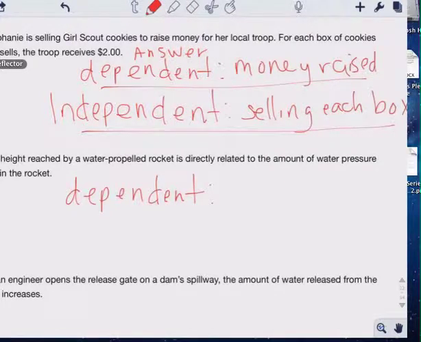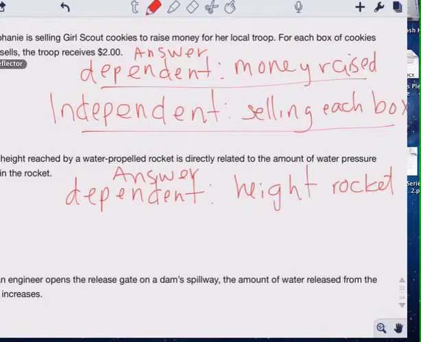The rocket is still on the floor. Something has to happen for it to get there: the water pressure. So the height of the rocket is your answer, correct? The height is the answer. You guys know this. And then the water pressure is the independent, right?